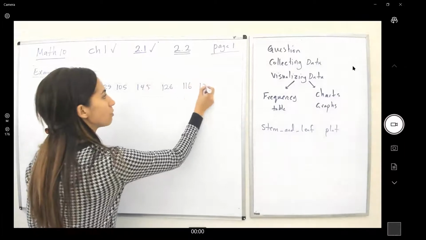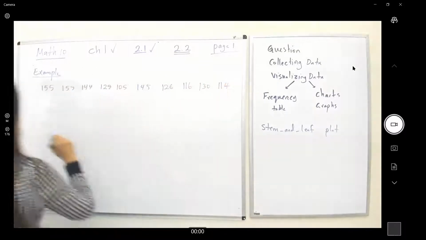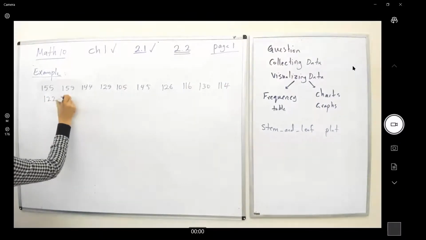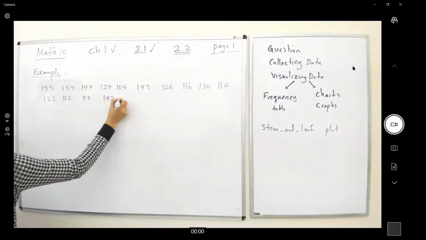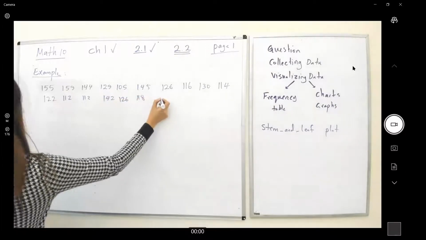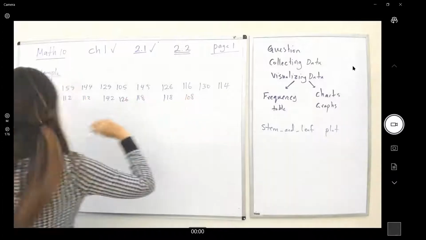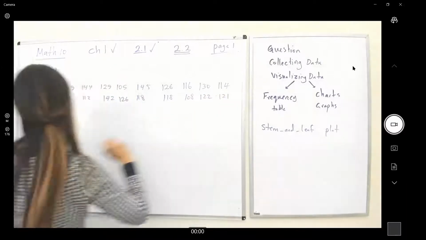116, 130, and 114. Then next, you have 122, 112, 112, 142, 126, 118. Then you have another 118, 108. What else do we have? 122 and 121.